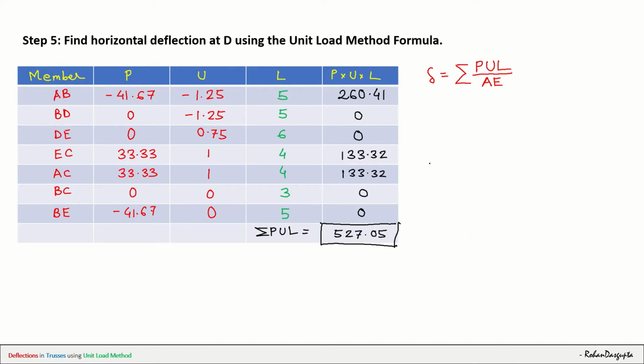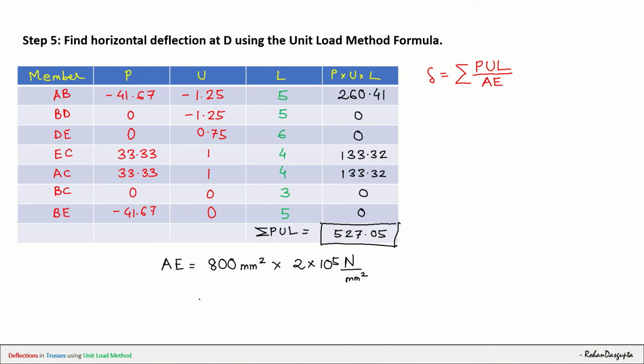All right. So now let us find the value of AE so that we can put it directly in the formula. In your question itself, A is given as 800 mm square, and E is given as 2 into 10 raised to the power 5 MPa, megapascal. Megapascal is nothing but Newton per mm square.